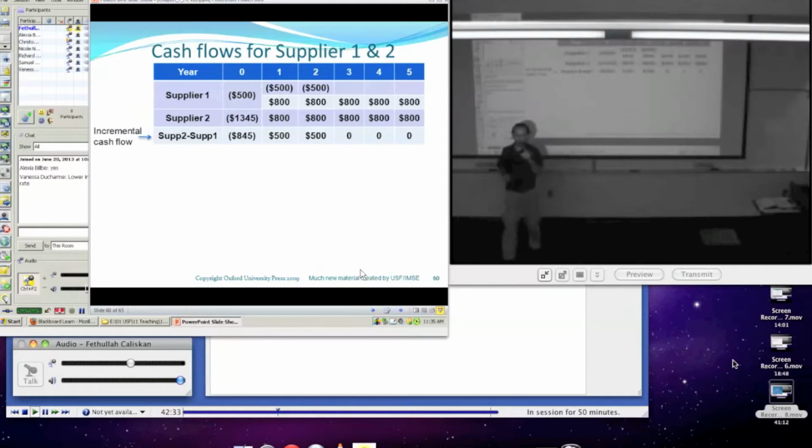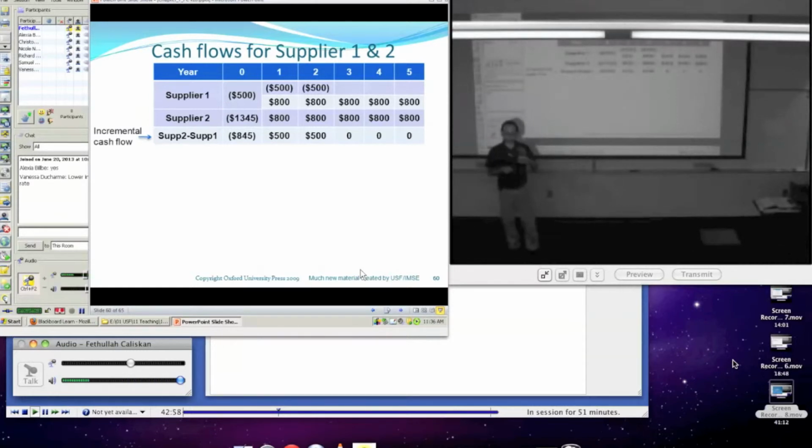Well, now critical point. What actually is the incremental rate of return analysis? Incremental analysis actually assumes that we already invested in the lower initial cost. See, supplier 1, as if we already invested in, we just selected supplier 1.